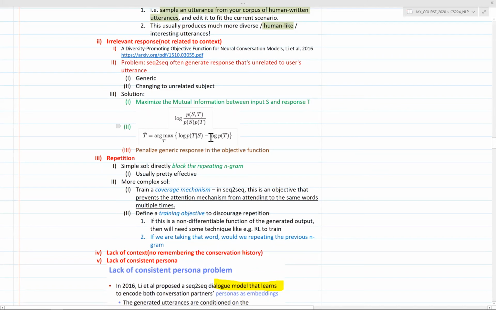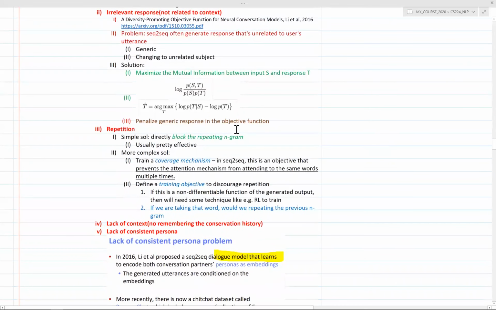So we add a penalty in the objective function to penalize the generic response, so that the model penalizes the generic sentence, the conversation in the end.